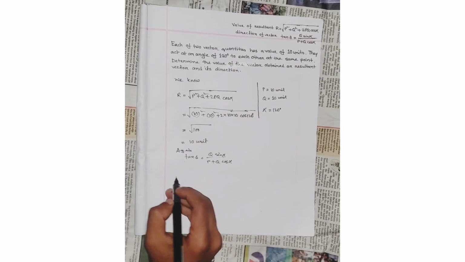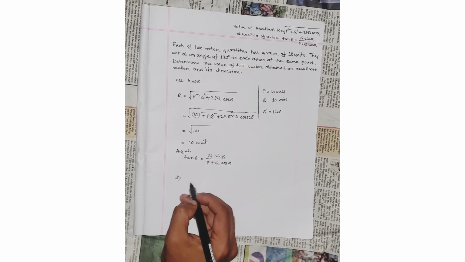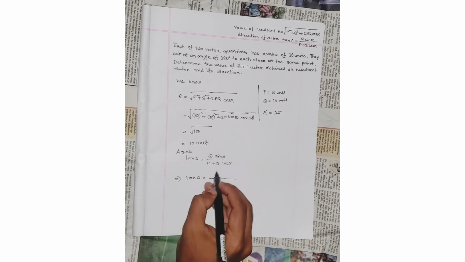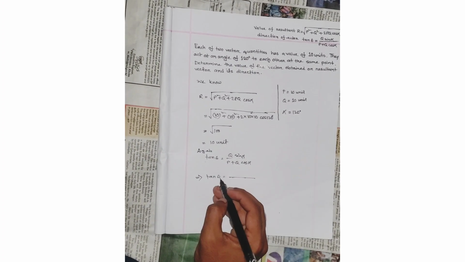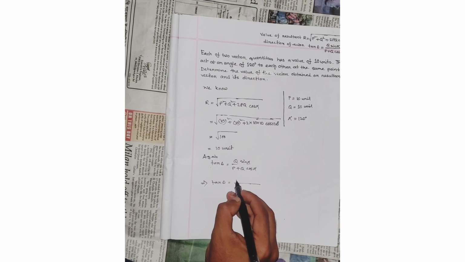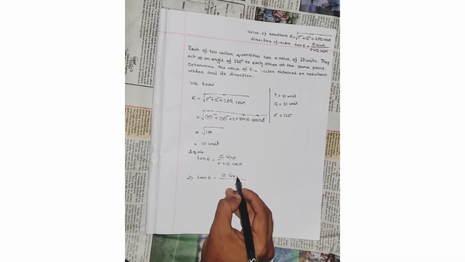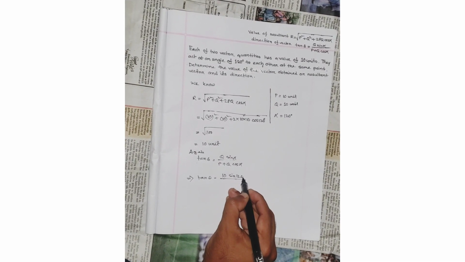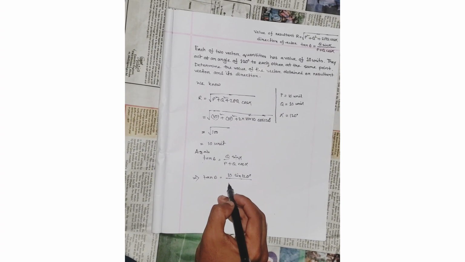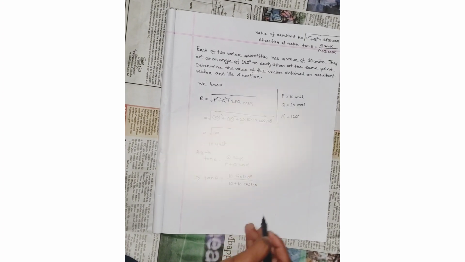Okay, just write down all the magnitudes from the question paper. Tan theta equal to, we know the value of Q is 10, and sin alpha means sin 120 degree, and P, the magnitude of P is 10, plus 10 cos 120 degree.